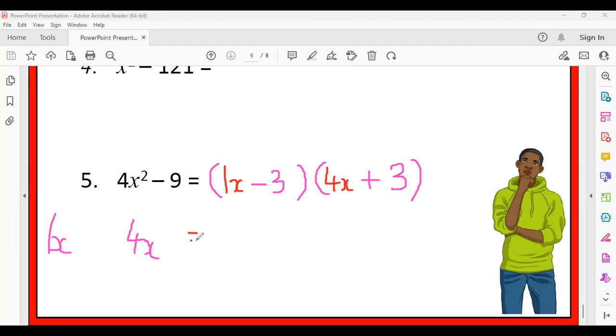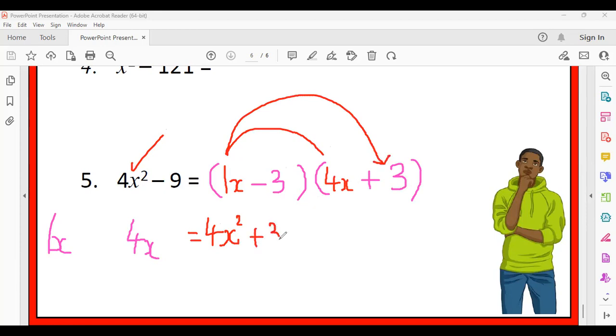Okay, I will still get 1x times 4x. I will get 4x squared. Fulfills this. Okay, let's do the center part. 1x times 3. So it's positive 3x. Negative 3 times 4x. So it's negative 12x. And then negative 3 times positive 3, it's minus 9.